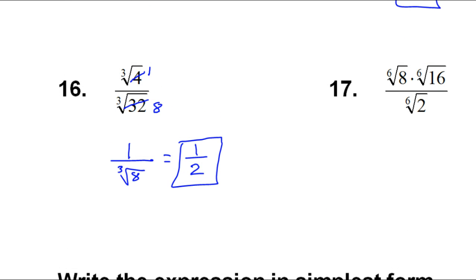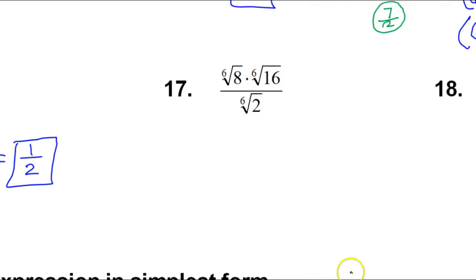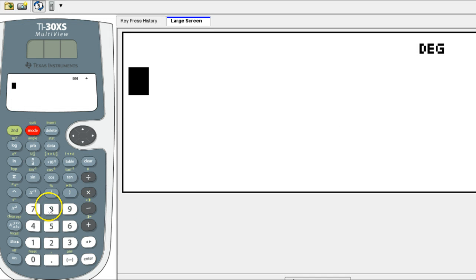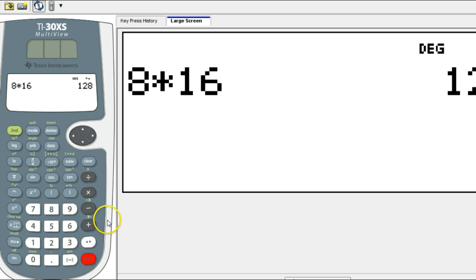All right, now number 17. Let's see, all of these have a root of 6. That means I can do the multiplication and then I can do the division. So first I'm going to do this multiplication. I'm going to have the 6th root of whatever 8 times 16 is. That's 128.